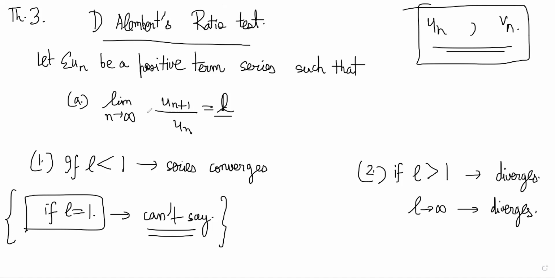Then the next one is called Cauchy's nth root test. That is theorem 4.